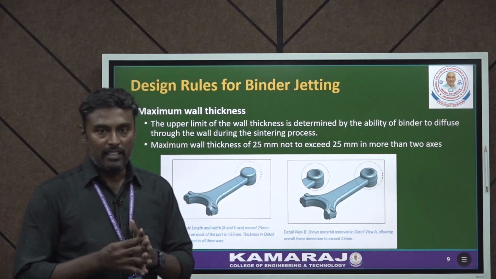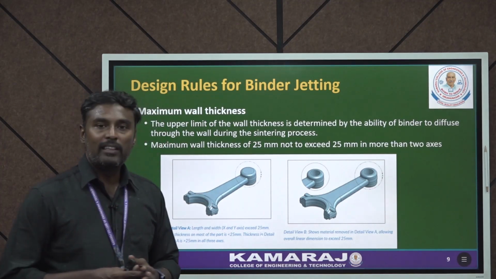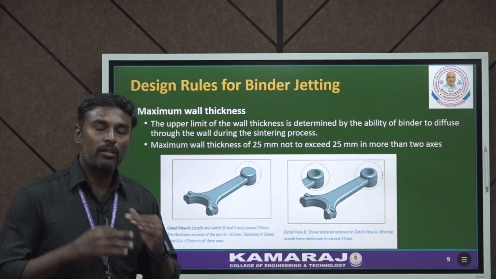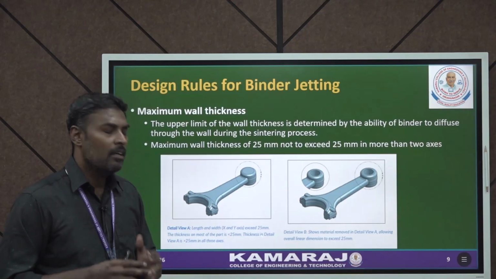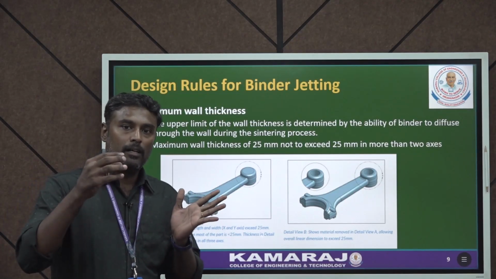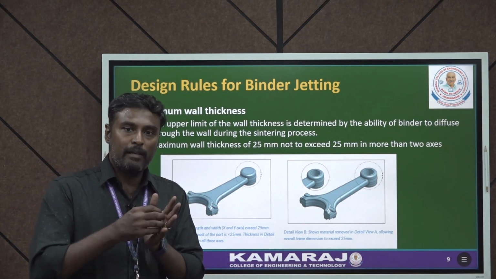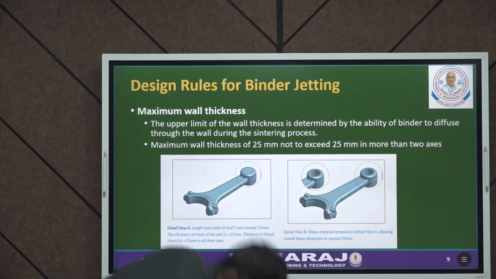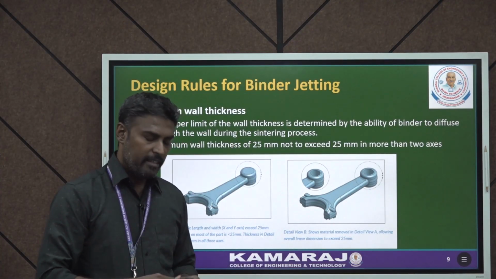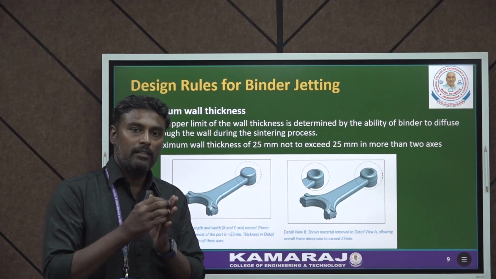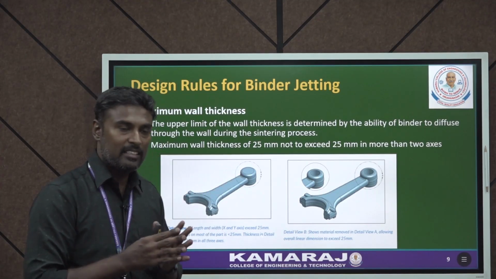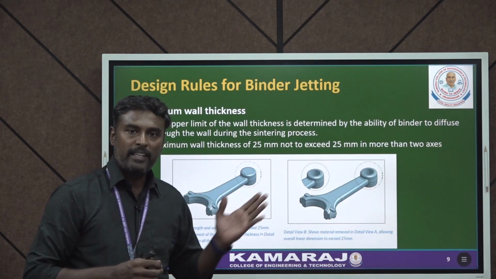But in this case, if you are considering the wall thickness, if the wall thickness is more than the recommended size, what happens is the binder, after the sintering process, cannot bind each other. For example, the recommended design size is 25 mm for the binder jetting process.